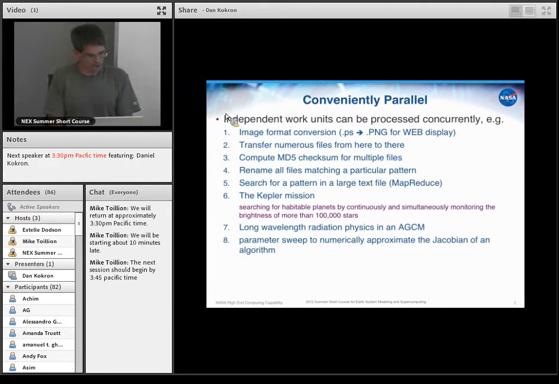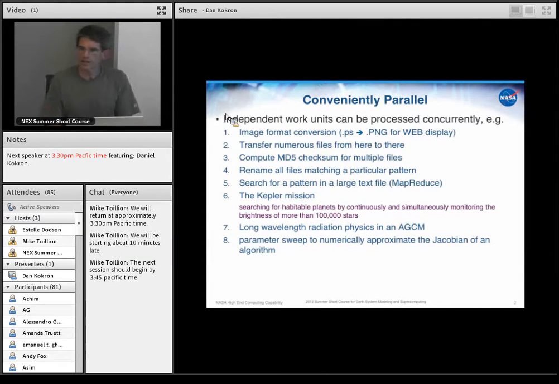Another NASA mission, the Kepler mission, has a satellite up there continuously monitoring over 100,000 stars, and the information it gathers is star brightness, and it has an algorithm for figuring out if there's a planet orbiting that star based on the brightness changes. And we'll go into a little bit of detail on how they process all 100,000 stars at the same time or very closely.